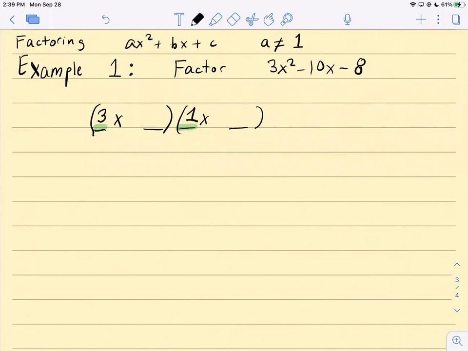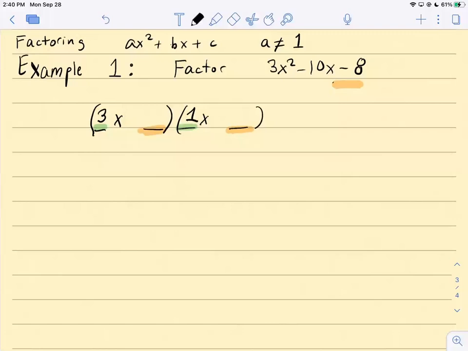Now, I don't know what fits in the last two numbers, but what are some possibilities, because they have to multiply to negative 8? What are some numbers that multiply to negative 8? 4 and 2.